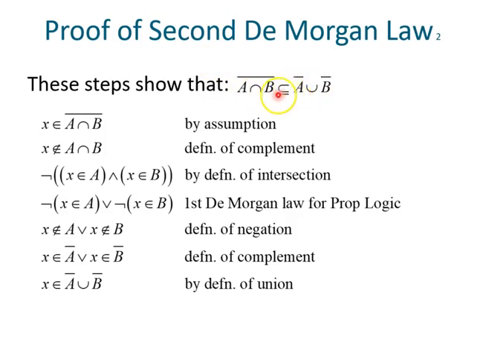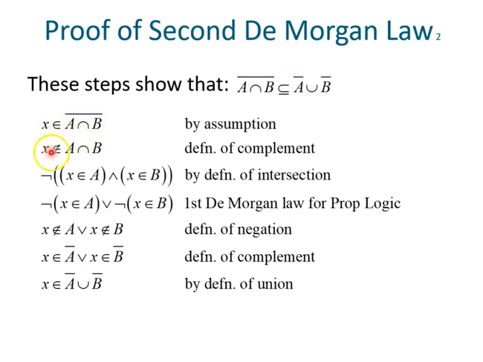To prove this inclusion, we start with selecting an arbitrary element x of the complement of the intersection of A and B. Our goal is to show that x is an element of the second set.